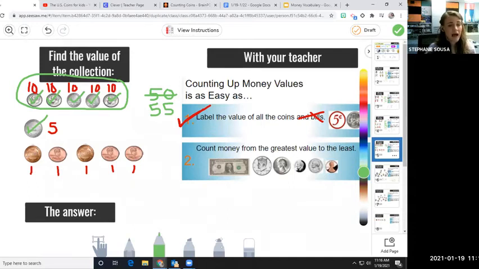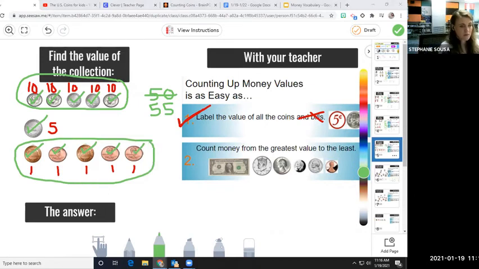And again, I know how to count by ones. So I'm going to put these ones together. 1, 2, 3, 4, 5. All together, those 5 pennies equal 5 cents.